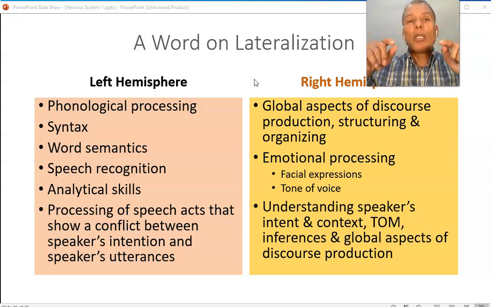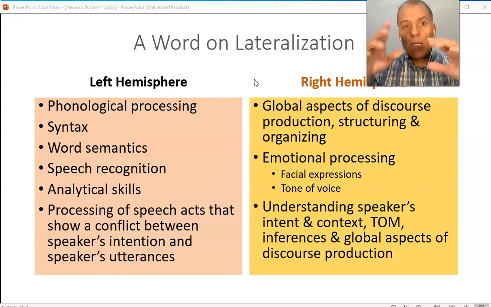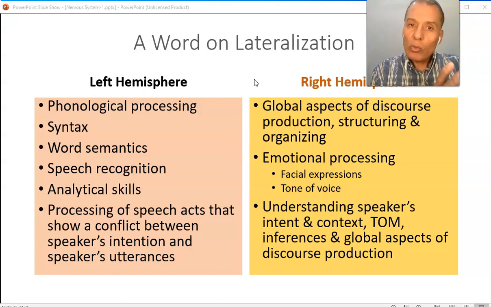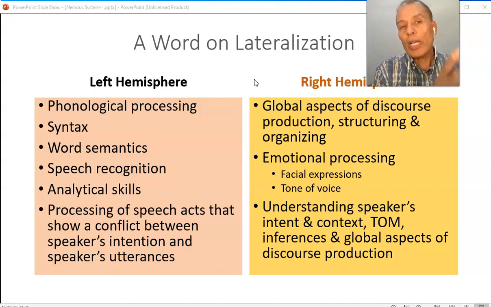Beginning at age 18 months to exactly 20 months, the left hemisphere begins to specialize in the areas of the language, fundamentals of the language, as I explained. Remember, at 20 months, that major shift happens when the left hemisphere takes over the functions to process the fundamentals of language.